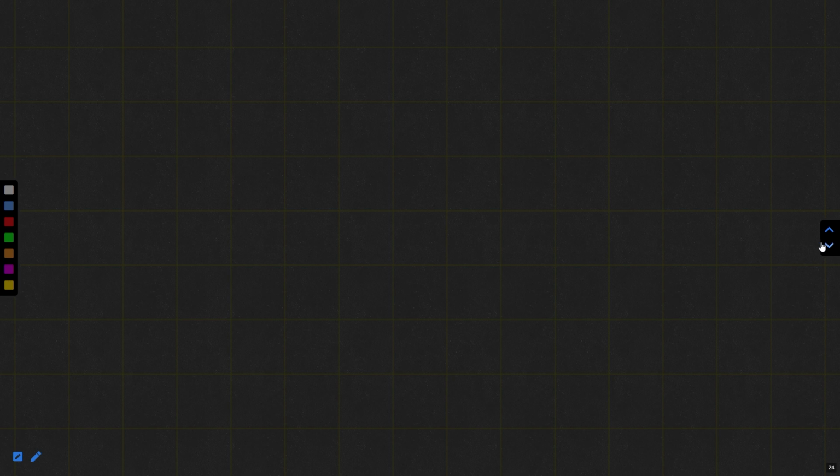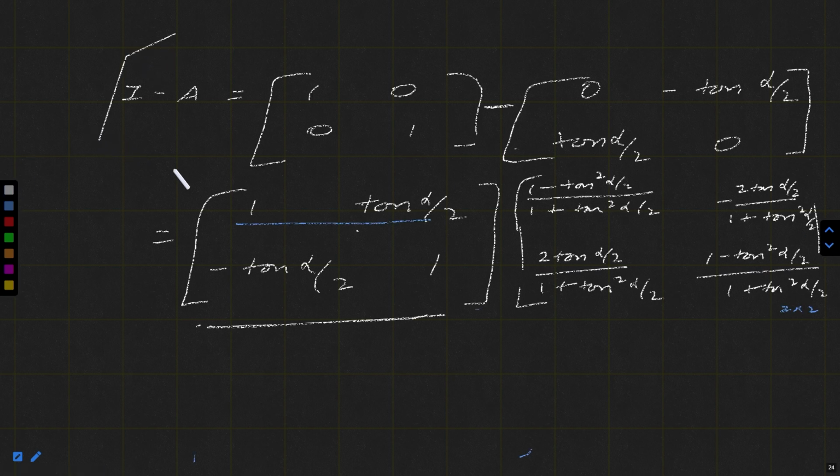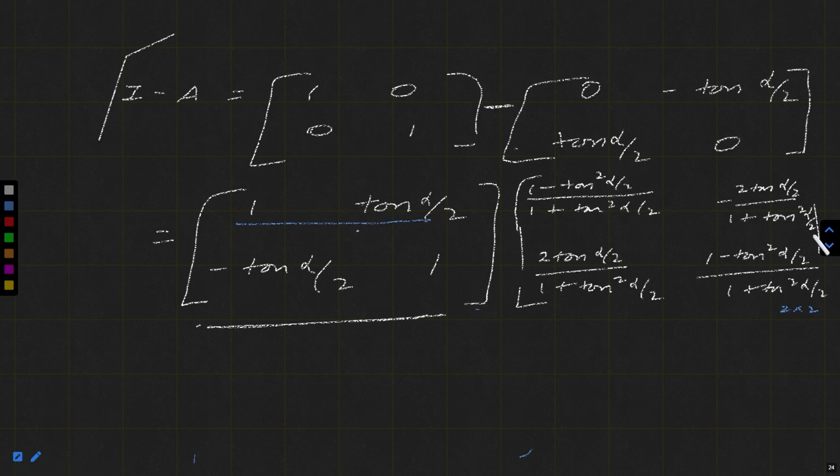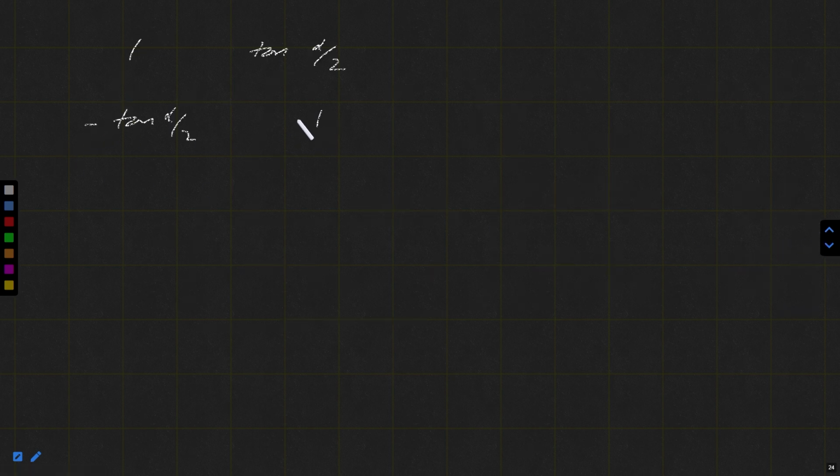Clear? Now what are we given with? So 1, tan alpha by 2, and minus tan alpha by 2, 1, this matrix.